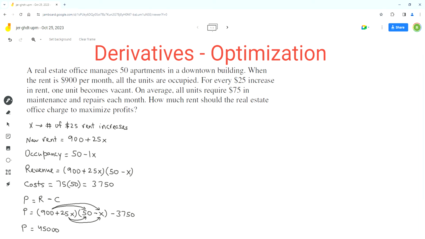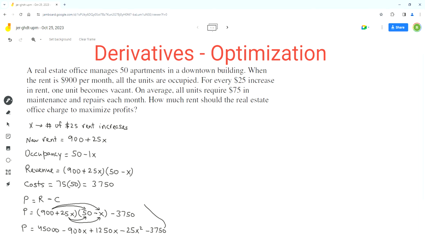And 900 times negative x is negative 900x. Then 25x times 50 is equal to plus 1250x. And then 25x times negative x is negative 25x squared. And then minus 3750.